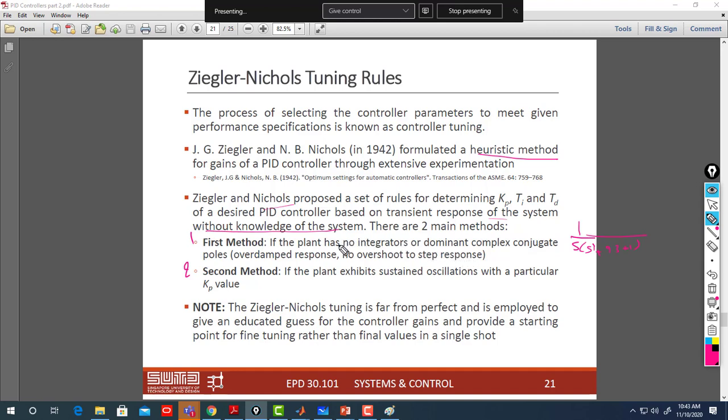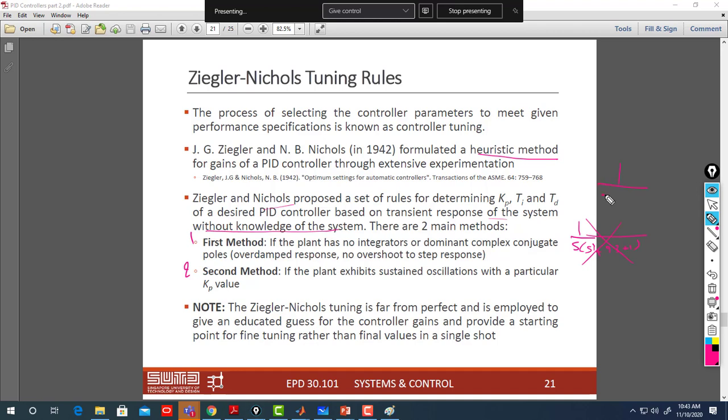If the plant has no integrator or dominant complex conjugate poles, then you can apply it. If my plant has an integrator, I cannot apply it.